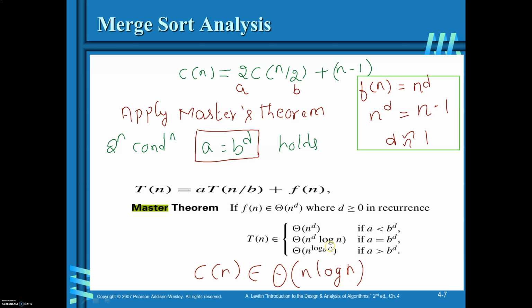This is the complexity when the second condition of the master theorem holds. Any recurrence can be solved by using the master theorem or otherwise by solving the recurrence by backward substitution. Both methods you can use to solve the recurrence in the divide and conquer technique.